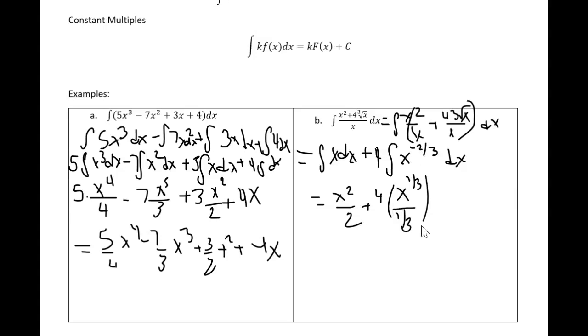So make sure you reciprocate that, because your final answer is x squared over 2 plus 12 cube root of x. Oh, plus c. Ooh, bad notation. Make sure you do not, under any circumstances, forget your plus c's.